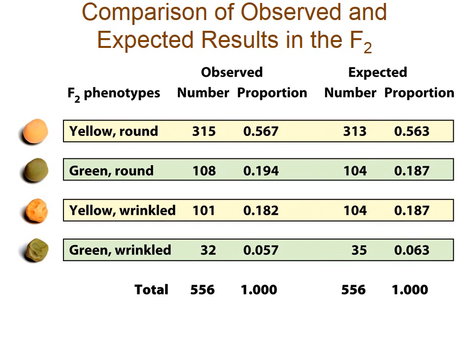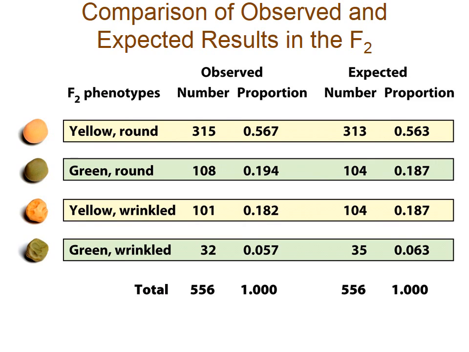How would you calculate that? So you know you have 556 individuals, and you know that you have observed 315 yellow round, 108 green round, etc., etc. You total those up, that's your sample size, 556. How many of those should be dominant if this system is exactly in a 9:3:3:1 ratio? How would you calculate that?